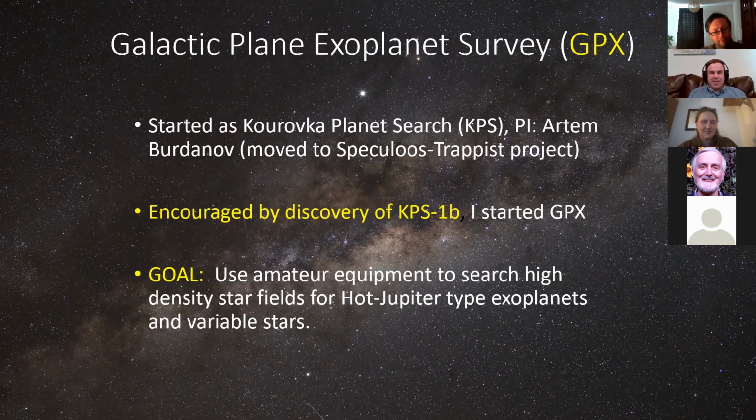And what happened there is that KPS-1b was sitting there, and so we discovered that. That inspired us to go further. And so the goal of GPX is to use amateur equipment to survey high density star fields, which you'll find in the Milky Way galactic plane, for hot Jupiter type exoplanets.